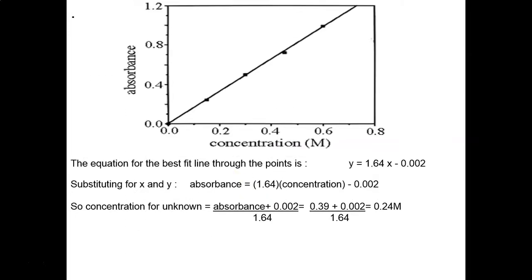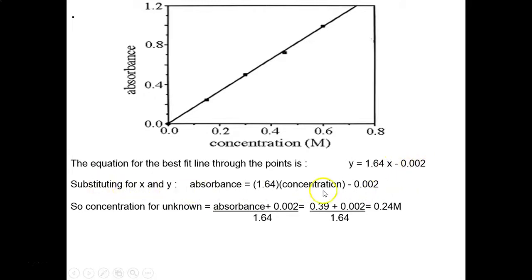You make a graph based on that data. Here's my different points, 1, 2, 3, 4. Best fit line. So even if some of the points, you can see this was a little bit off, we still draw a best fit line through all of them. And what this tells us is basically absorbance versus concentration. The equation for this, because it's a straight line, is y = 1.64x - 0.02.